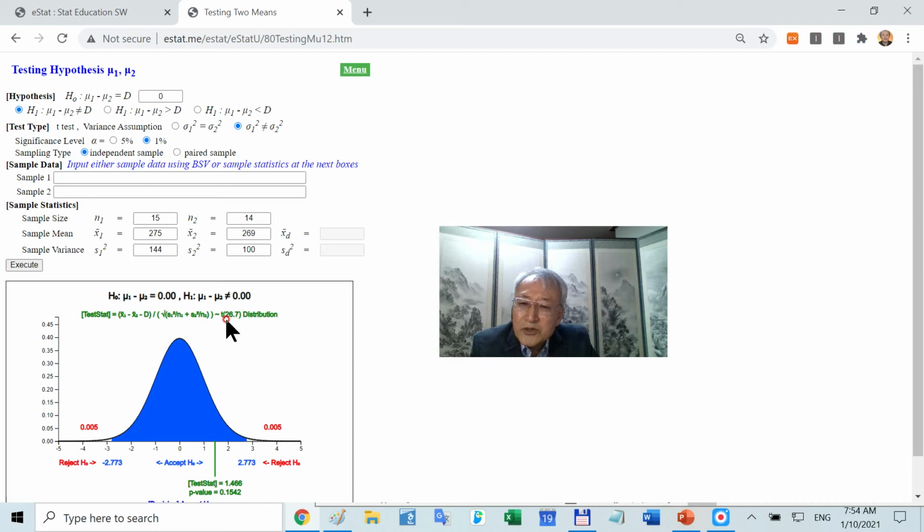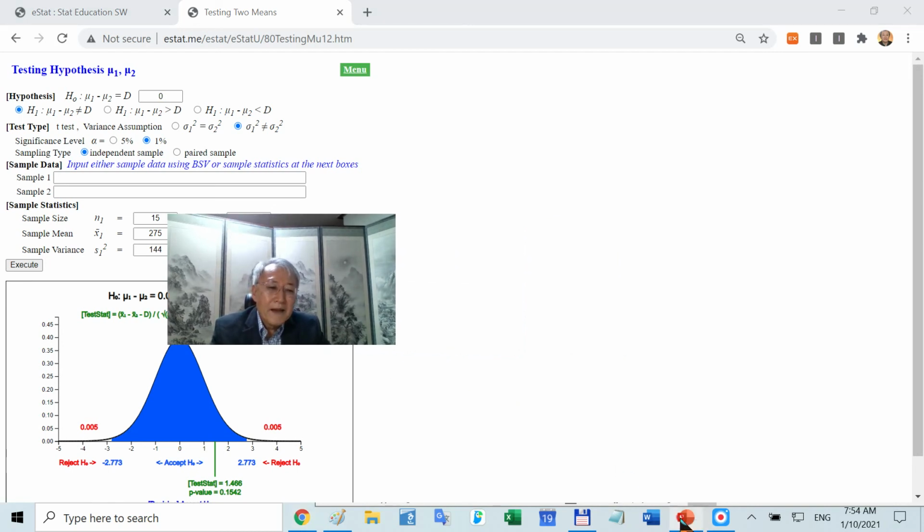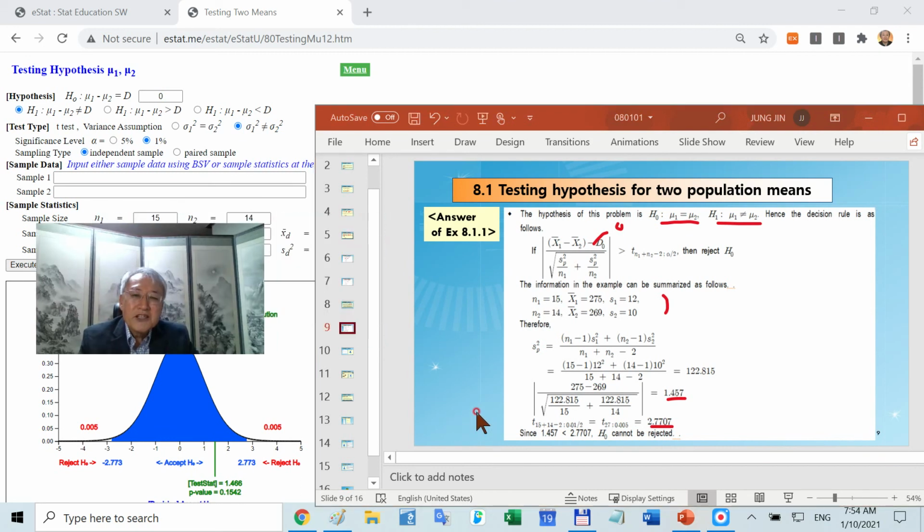Because you are using another kind of t distribution. The previous one was 15 plus 14 minus 2, that's 27, but this is 26.7. It's slightly different. Okay, what's next? You can practice easily using E-stat.